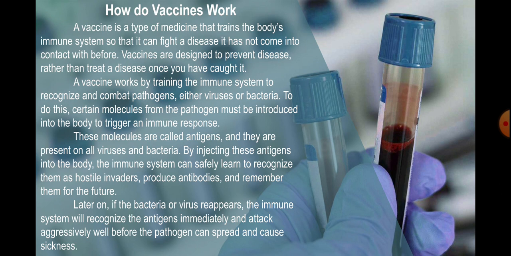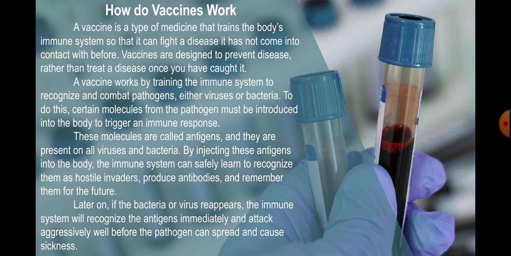By injecting these antigens into the body, the immune system can safely learn to recognize them as hostile invaders, produce antibodies, and remember them for the future. Later on, if the bacteria or virus reappears, the immune system recognizes the antigens immediately and attacks aggressively well before the pathogen can spread and cause sickness.